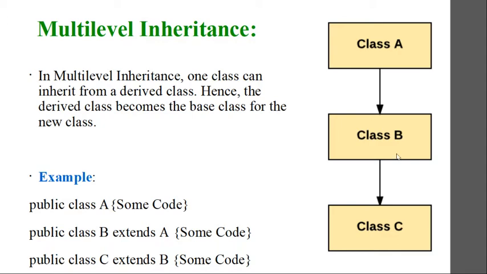So C is the child class and B is the parent class, where B is the child class and A is the parent class. In the real-time example, it is the grandfather, the father, and the child. This level of inheritance is known as multi-level inheritance.